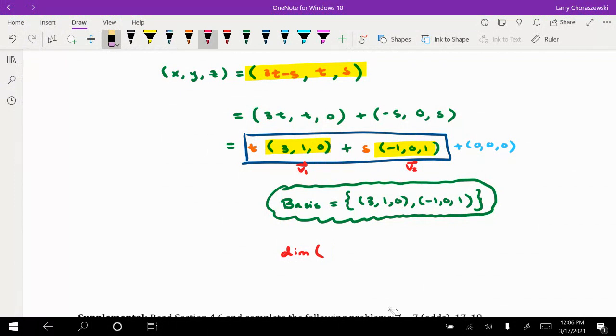Let's maybe call this basis W, and the dimension of W is not R3. Keep in mind how we define basis on the last page.